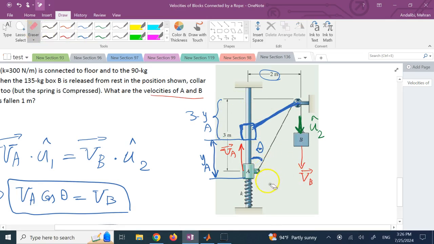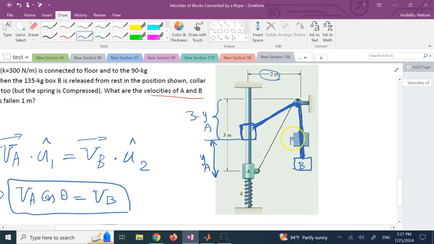So let me clean up these. So A goes up to there, and let's say B goes down to here. So this becomes the new cable, this thick blue cord. So B goes there from here, and A goes up here.